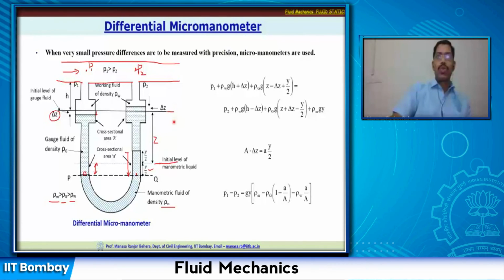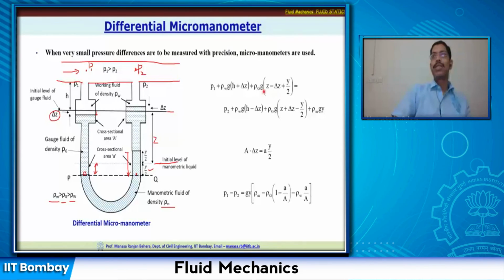So this value of Z minus delta Z, because there is a displacement here, plus y by 2, because this difference has come now, which is nothing but y by 2 from this mean position. So this will give you the weight of this gauge fluid.